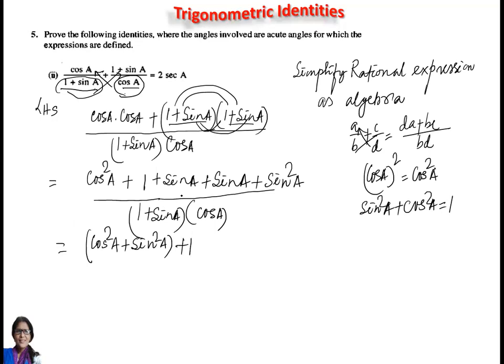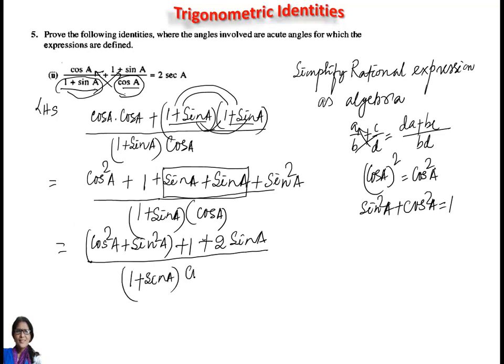Plus 1 and sin A together gives you 2 sin A, and the whole is divided by 1 plus sin A into cos A. So in place of this, I'll get 1 plus 1 plus 2 sin A whole by 1 plus sin A into cos A.